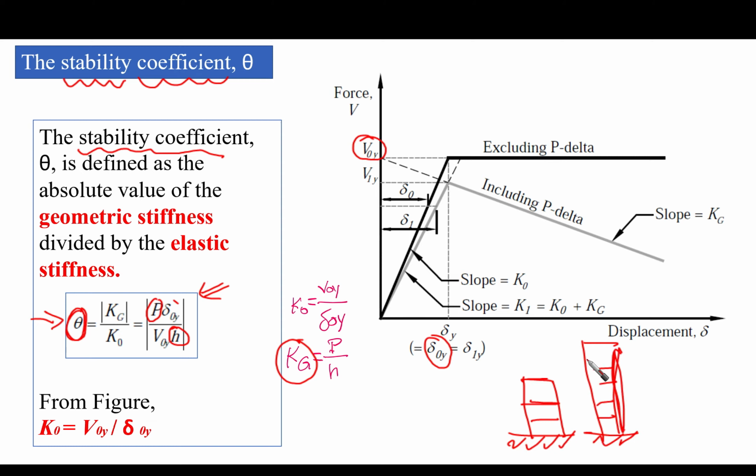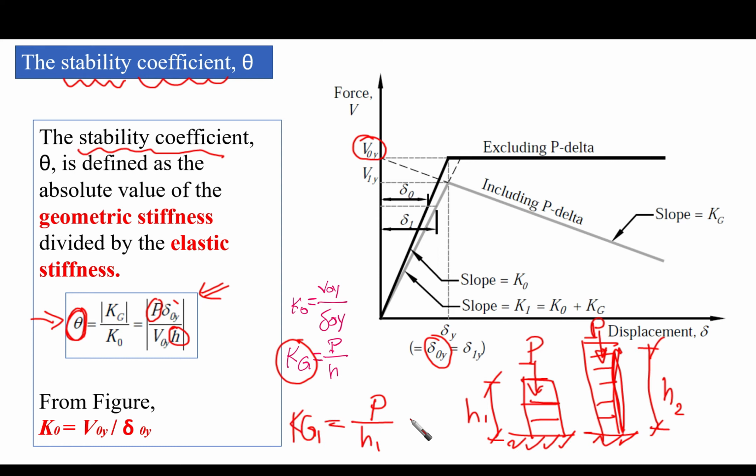If we have two structures, both having the same gravity loading P, but different H. This system, which is shorter: if we say this is H1 and this is H2, then P over H1 is going to be KG1, and KG2, P over H2, is going to be very small.